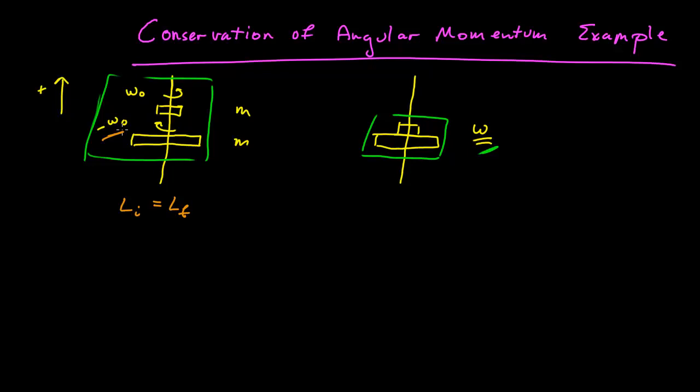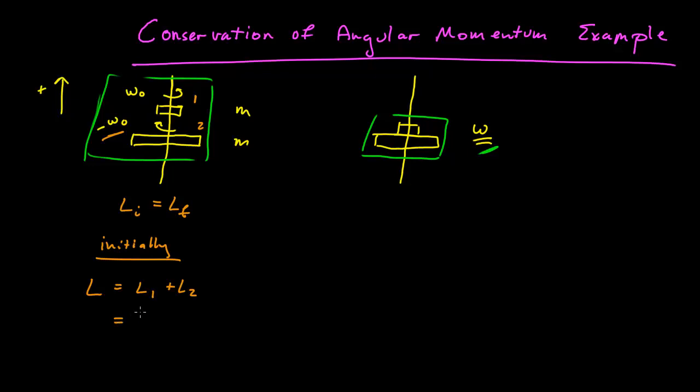Okay, and so initially, say the upper one's 1 and this is 2. Our angular momentum is equal to the angular momentum of 1 plus the angular momentum of 2.